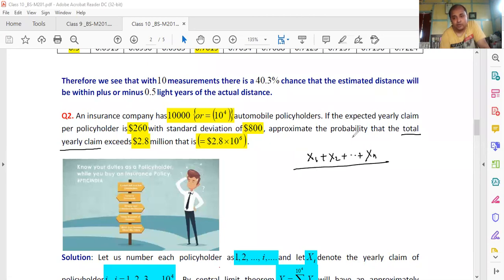We do not know whether these yearly claims are normal or not, but we know that if we keep increasing the sample size, they become normal. So when we talk about the total of random variables, we have to consider the central limit theorem, which has been explained in the given problem.